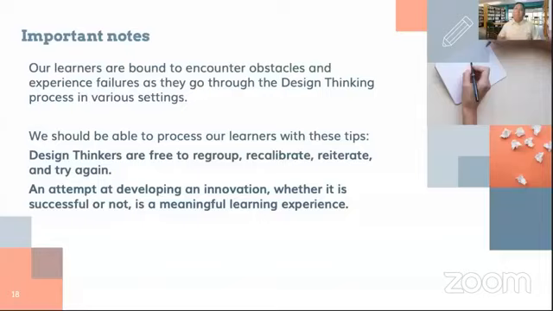This might be a difficult experience for our learners. But at the same time, we should be able to process our learners with these tips. And interestingly, these tips are also the tips I shared towards the end of my session for educators last week. Design thinkers are free to regroup, recalibrate, reiterate, and try again.